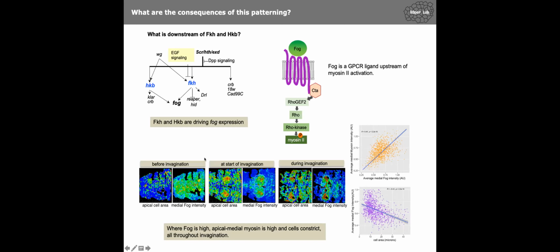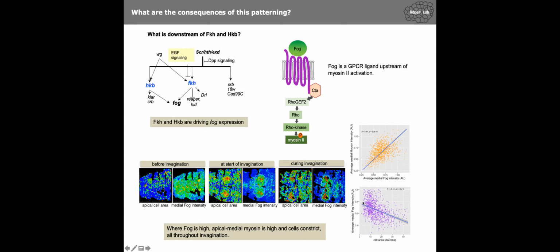And if we look at FOG levels using an antibody against the protein and compare it to the apical cell area in the region of our placoid, then there's a very good correlation always across different stages, so before invagination, at the beginning of invagination of these two placoids here, or during invagination, a very good positive correlation of the amount of medial myosin that we can see and the medial FOG intensity.